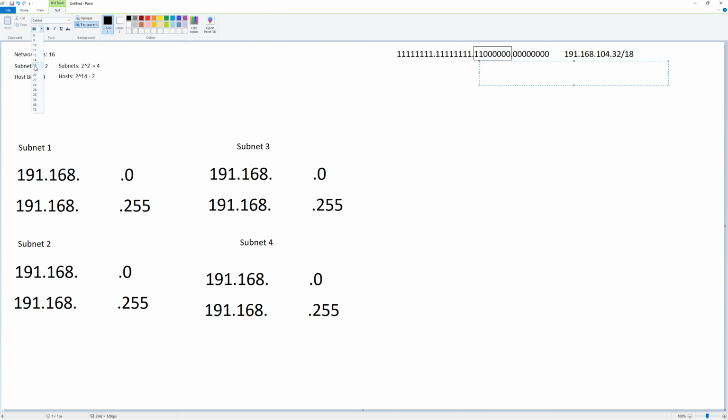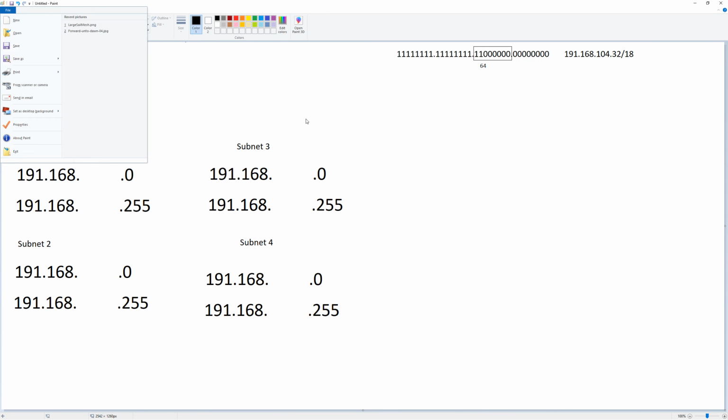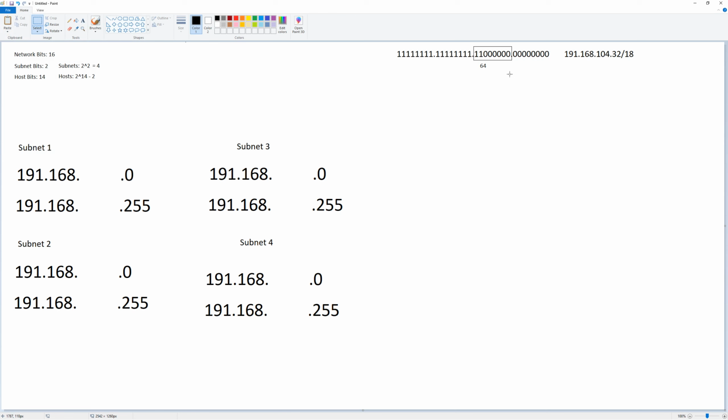So in this case, our magic number is 64. If this was the last bit that was turned on, the magic number would be 128. If this was it, the magic number would be 32, so on and so forth.